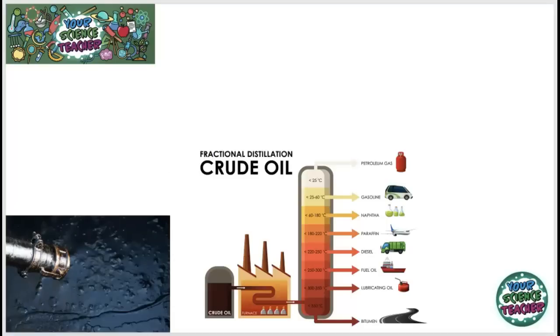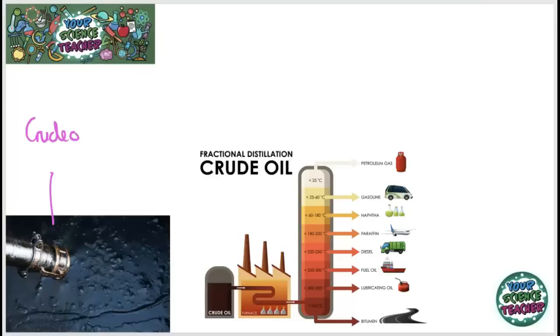Now I'm going to do a bit of organic chemistry. Organic just stands for chemistry regarding carbon compounds. We're going to look specifically at hydrocarbons, which are carbons that are bonded to hydrogen. Now, we get a lot of our hydrocarbons from this mixture here, which is crude oil.